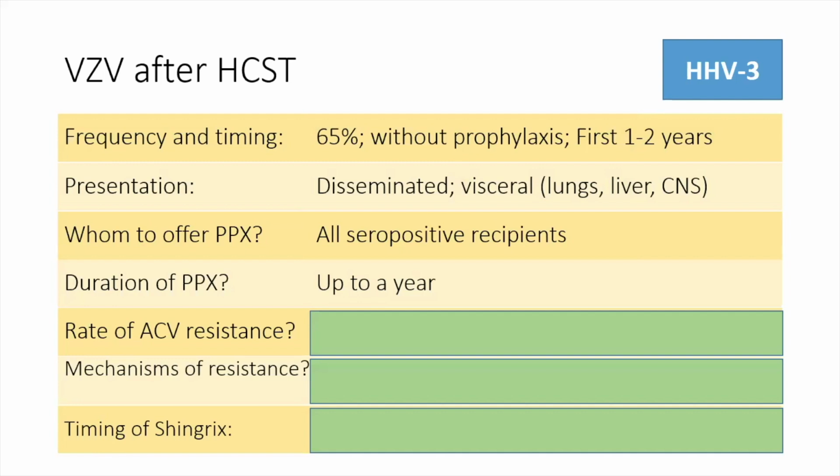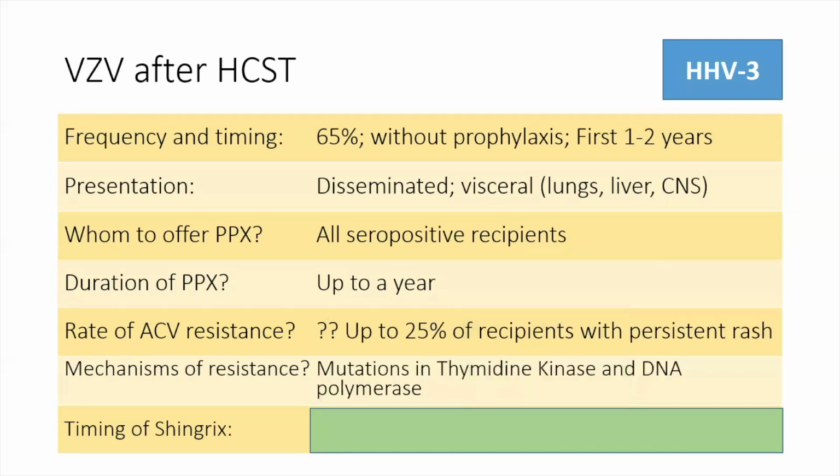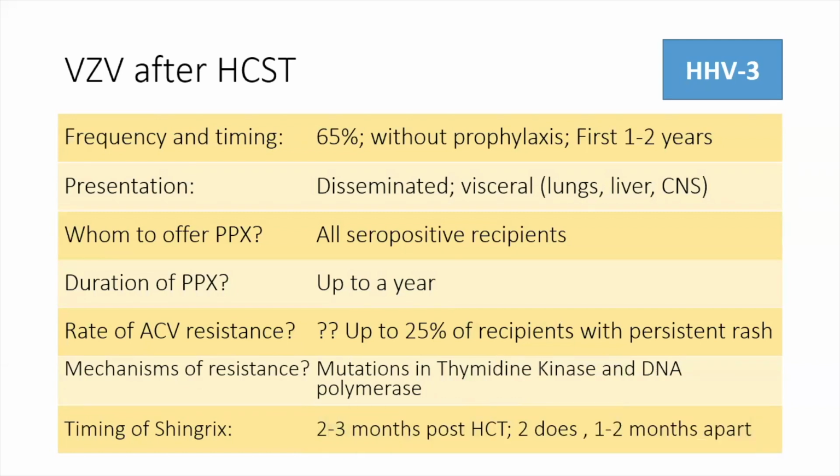But because the infection could be delayed up to 2 years, the duration of prophylaxis is normally up to a year at least. The rate and mechanisms of resistance are very similar to HSV1 as we described earlier. We should just remember that VZV is actually inherently less susceptible to acyclovir than herpes simplex.